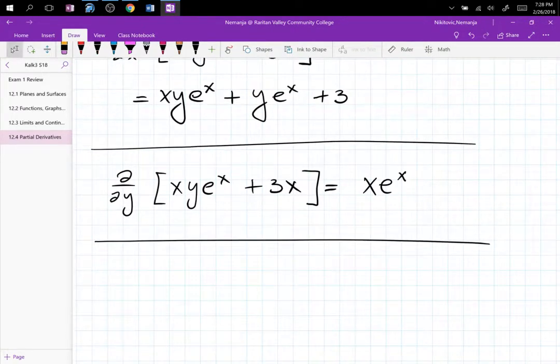I have a question now for you. If I'm to write down the function x e to the xy, which derivative is easier to take? Partial x, partial y?